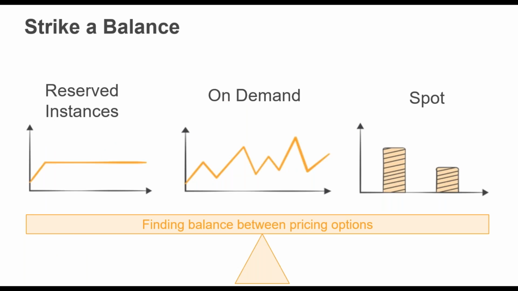When you're looking at the three different pricing options that we have, also look into your portfolio around striking a balance between them. So what many customers do is they'll look at using specific pricing models for specific use cases. Potentially you're running your elastic workloads that we mentioned before on demand.